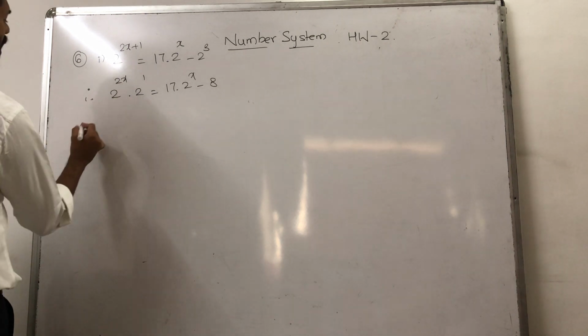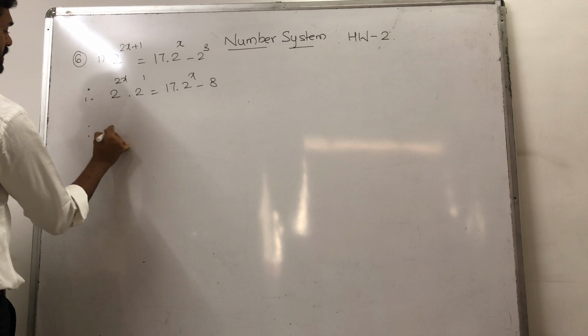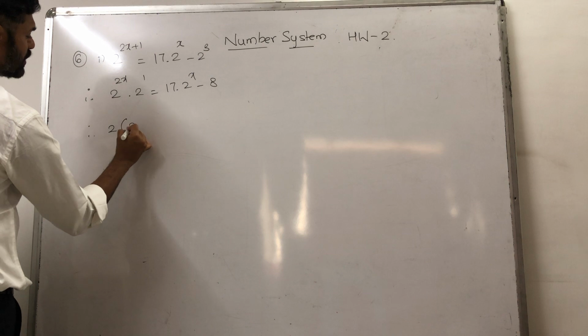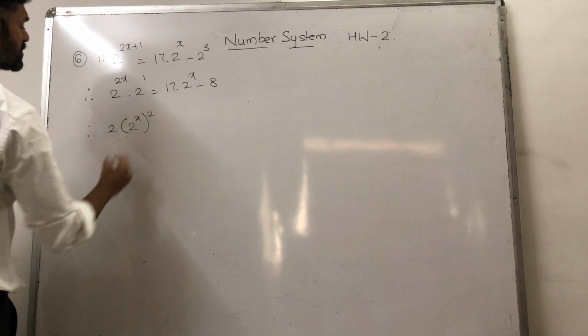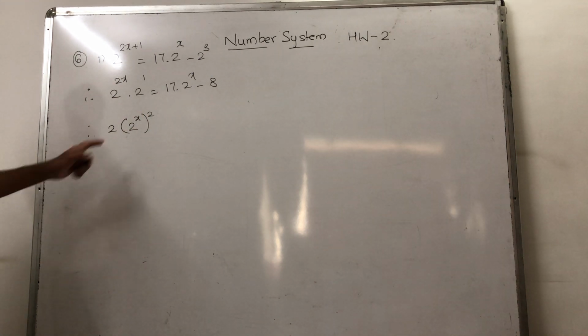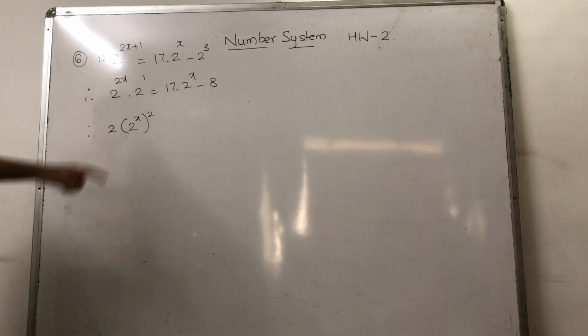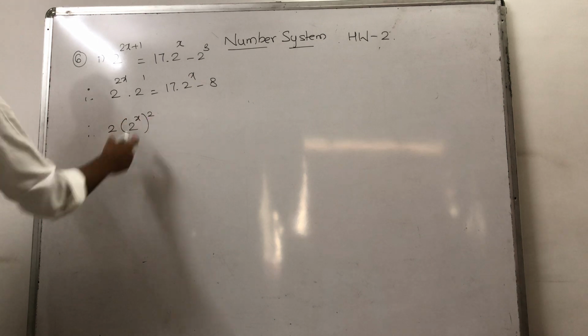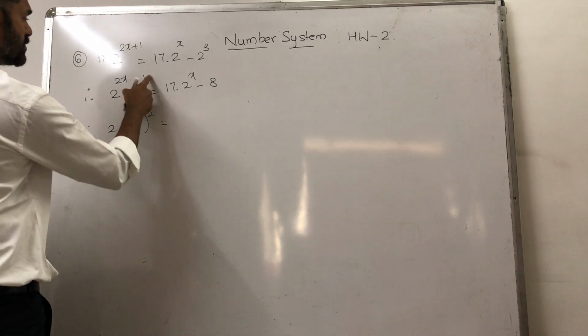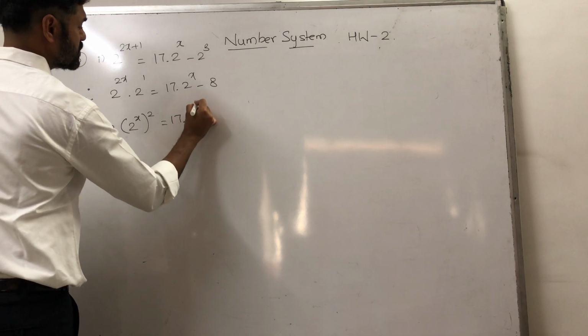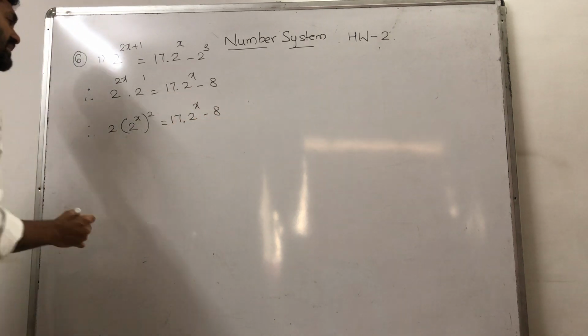Now 2 raised to 1 is nothing but 2. 2 raised to 2x, can I write 2 raised to 2x as 2 raised to x, whole raised to 2? Yes, because x into 2 is nothing but 2x, so I wrote 2 raised to 2x as 2 raised to x raised to 2. 2 raised to 1 is 2. Now this is 17 times 2 raised to x minus 8.